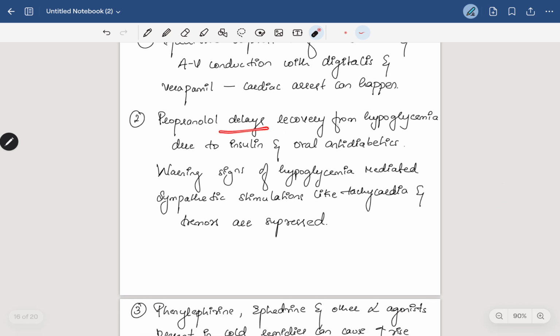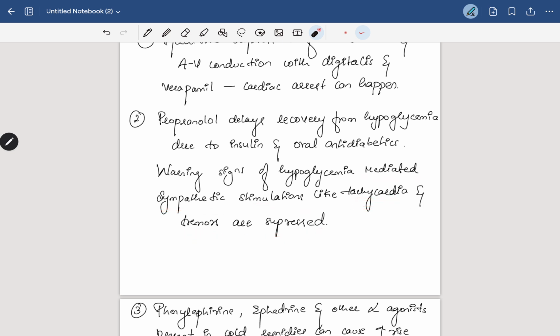Propranolol delays the recovery from hypoglycemia due to insulin. I've already explained this point, and oral anti-diabetics. So what is happening because of this? The warning signs of hypoglycemia. So propranolol delays recovery from hypoglycemia, right? So there is increased hypoglycemia, but along with this, what propranolol is also doing is blocking the warning signs of hypoglycemia that are mediated by sympathetic stimulation, like tachycardia and tremors.